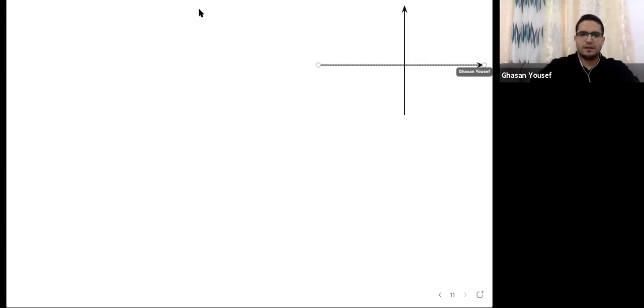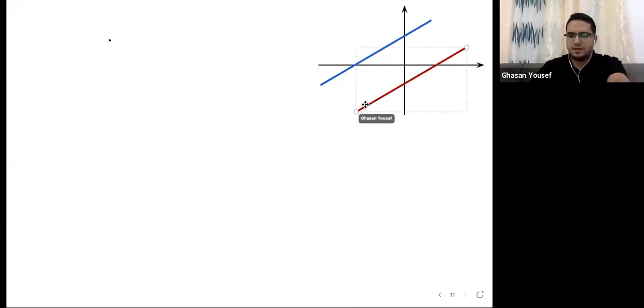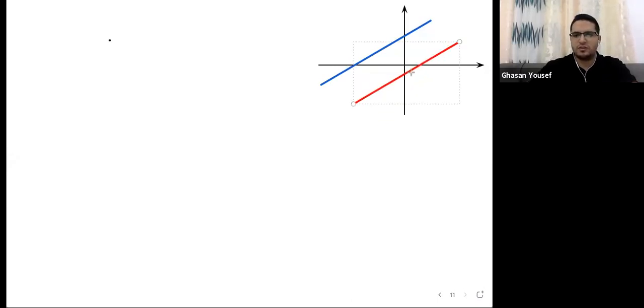The first line is the red line, and the second one is the blue line.